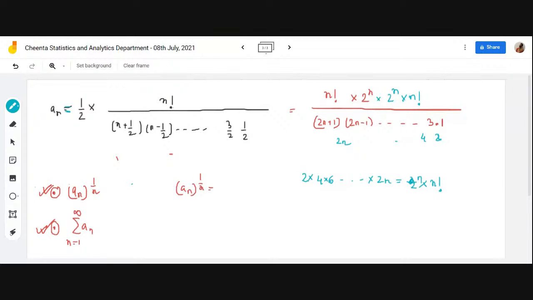Sir, can you repeat, sir? Which part? The last part, sir. Okay. Did you understand till the red part? Yes, sir. The last calculation is the following. I am multiplying because I wanted to make it into a complete factorial. For that I need to multiply 2, 4 till 2n to make it a complete factorial.